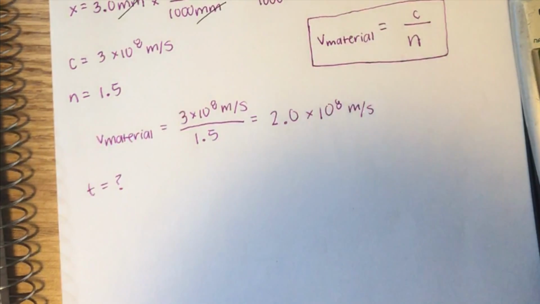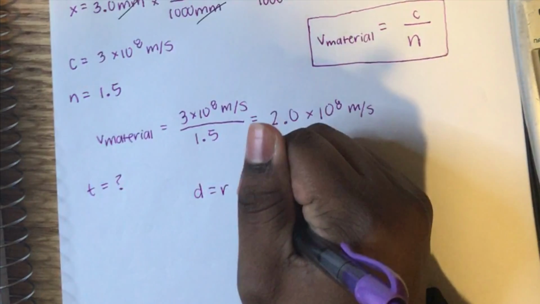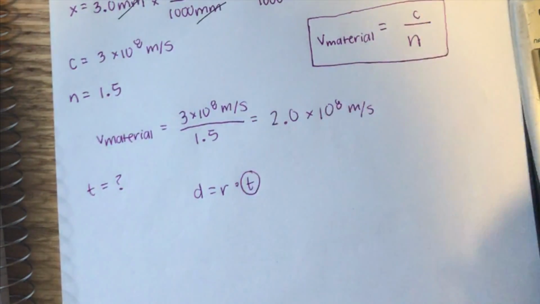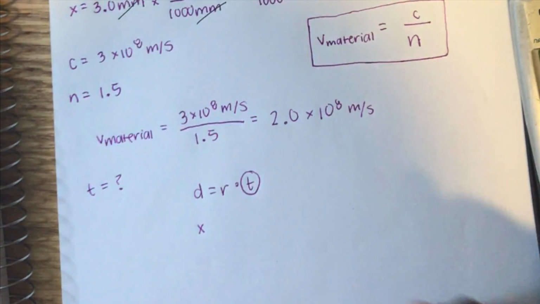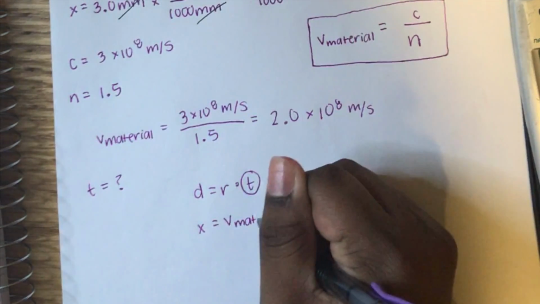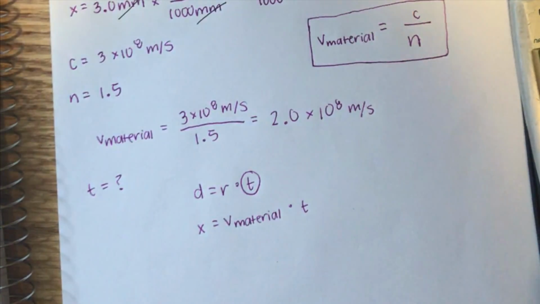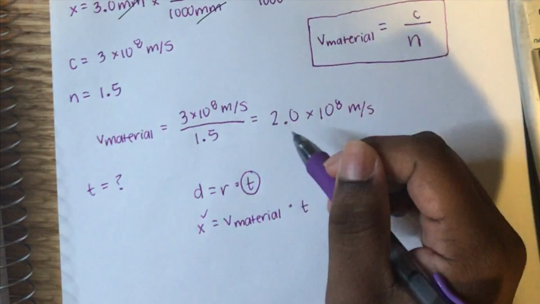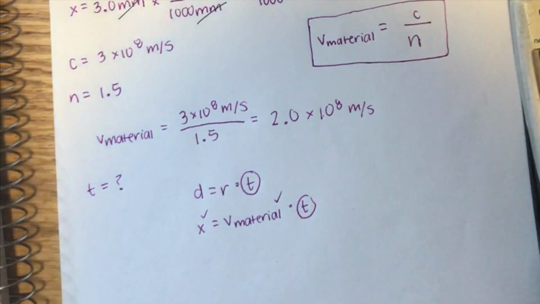An equation that we know with time is distance equals rate times time. And we want to figure out time. We can write distance as x, we can write rate as v of material, and then we can write time simply as t. And we know each of these numbers. We know x from above, and we know the v of material, which we just found earlier.